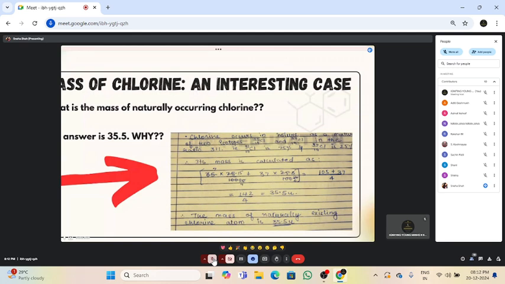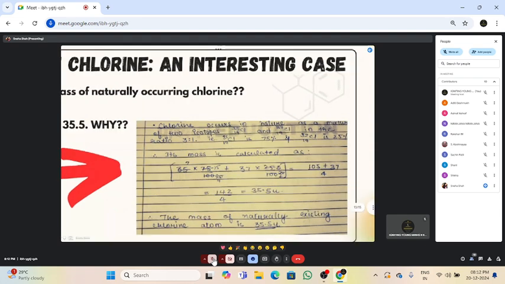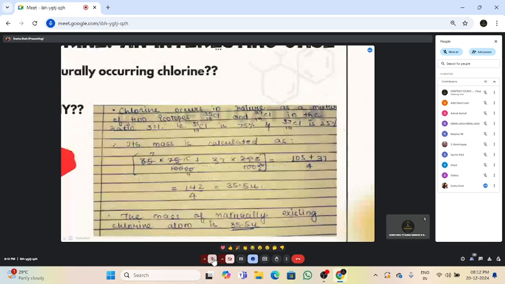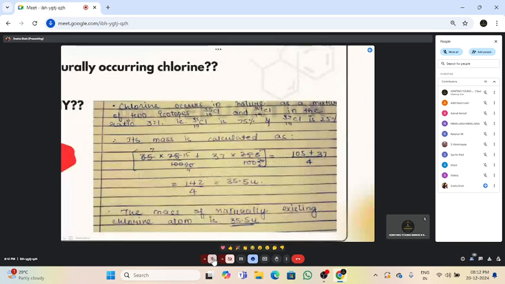Then why is that difference coming? The difference is because there are two isotopes of chlorine in nature, that is 35Cl17 and 37Cl17. The second one has 20 neutrons, so the total mass number becomes 37.